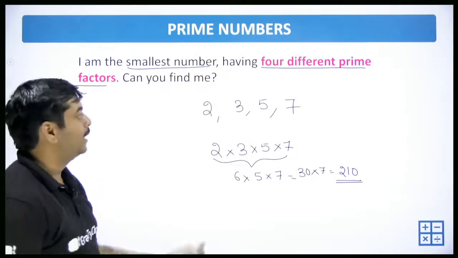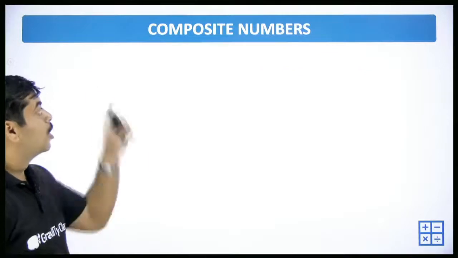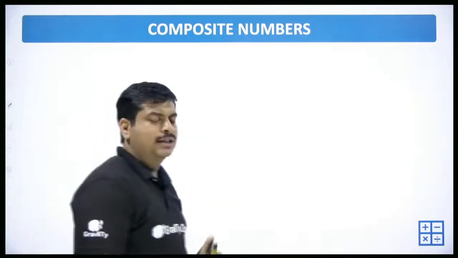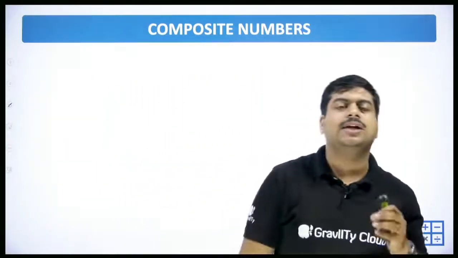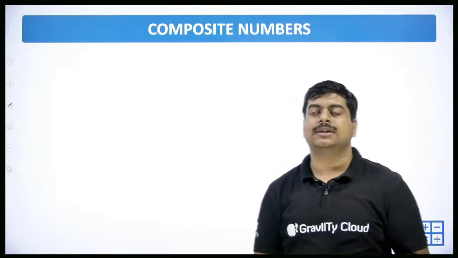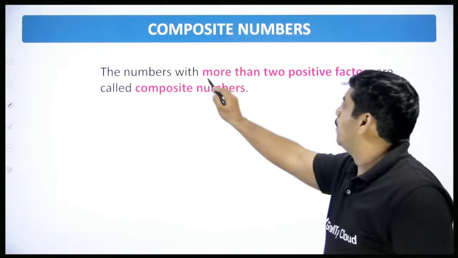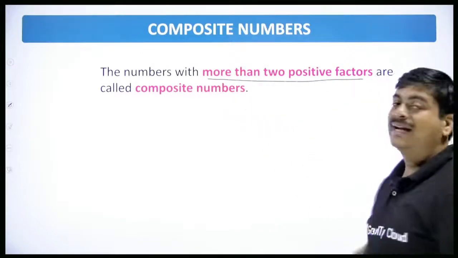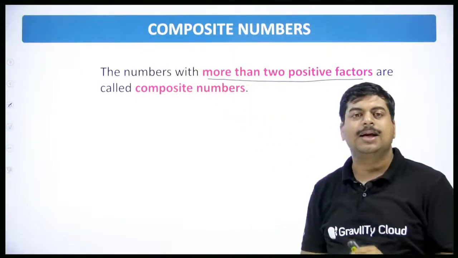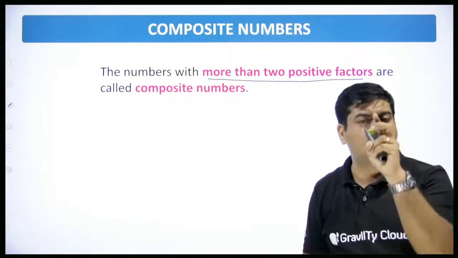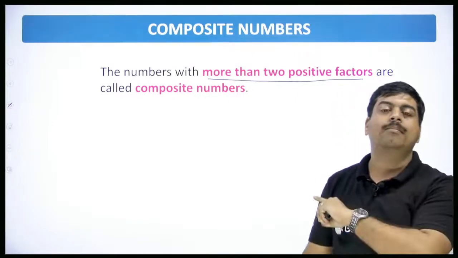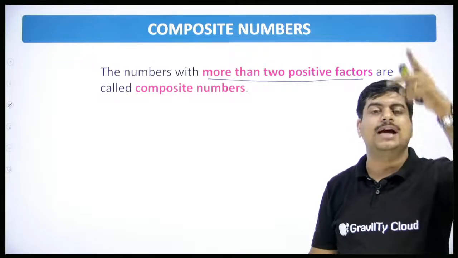Let's try to move ahead to find the next concept, composite numbers. As we just now discussed prime numbers, let's try to understand what are composite numbers. Composite numbers are numbers with more than 2 positive factors. That is the only difference. Prime numbers have only 2 factors, but composite numbers have more than 2 factors.